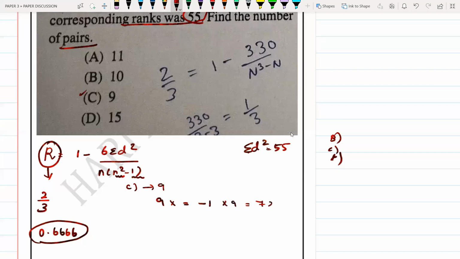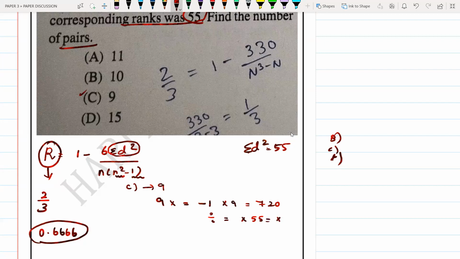You will get 720, the complete denominator. Now press divided by equal to, and you will get some decimal value. Now multiply by summation d square, which is 55, equal to.